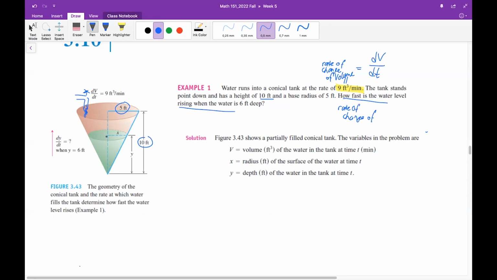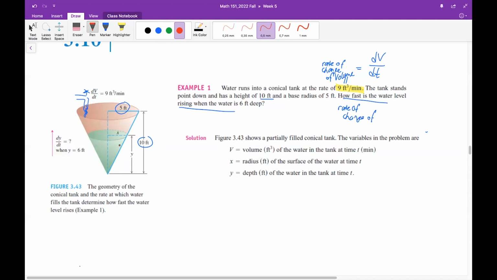After some time, there will be some certain amount of water inside the tank. Let's put some unknown variables to our picture. So you will put here this quantity as Y, you will name here as X, you can use any variables you like. And while decorating your picture, you need to be careful about something. If the numbers are not changing, like 10 feet and 5 feet here, you can put those constant numbers to your picture.